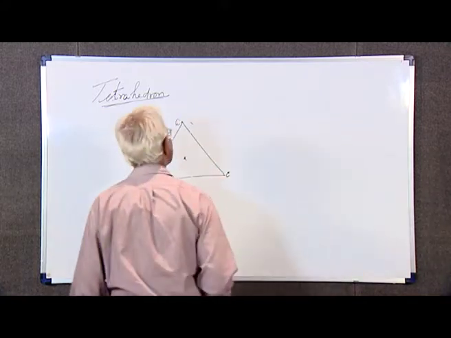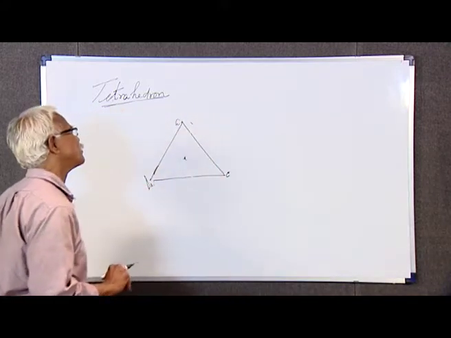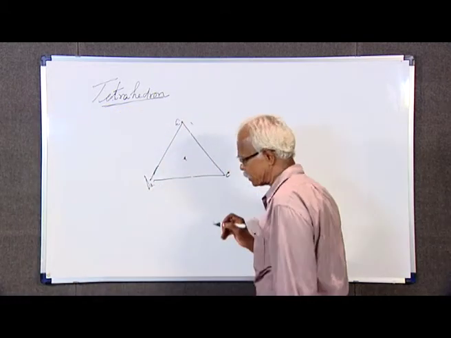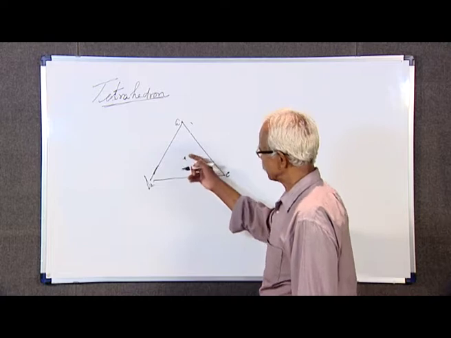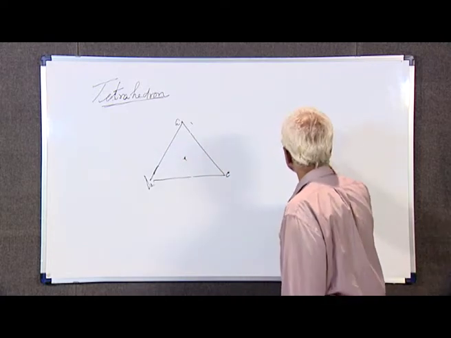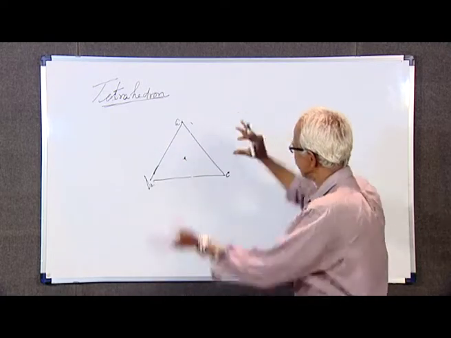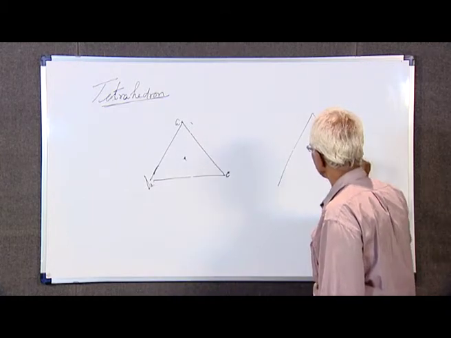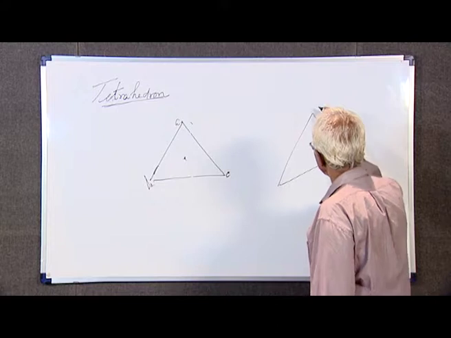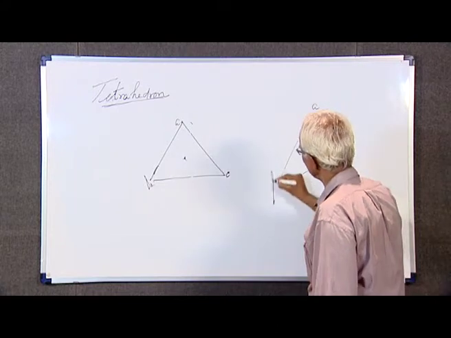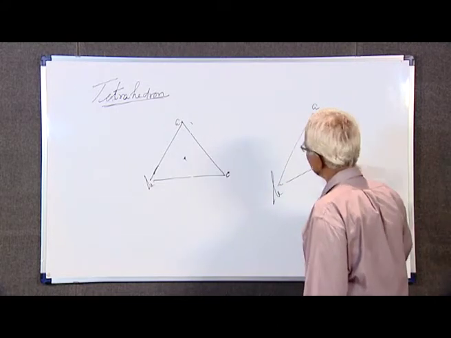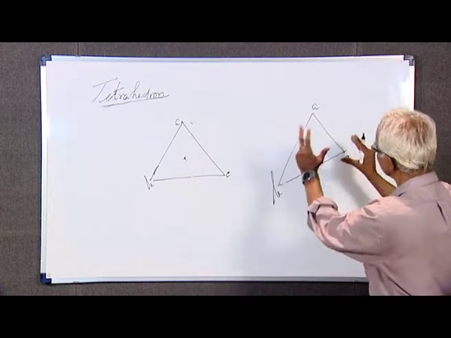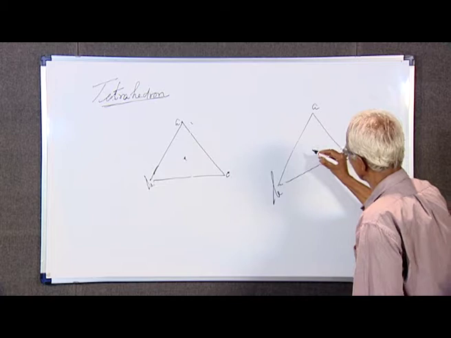You will get a special case of a triangular pyramid called tetrahedron, and because it is difficult to draw it in that fashion, I will slightly change perspective and put it like this: A, B, C. Instead of this equilateral triangle, by changing perspective, I have shown it like this.